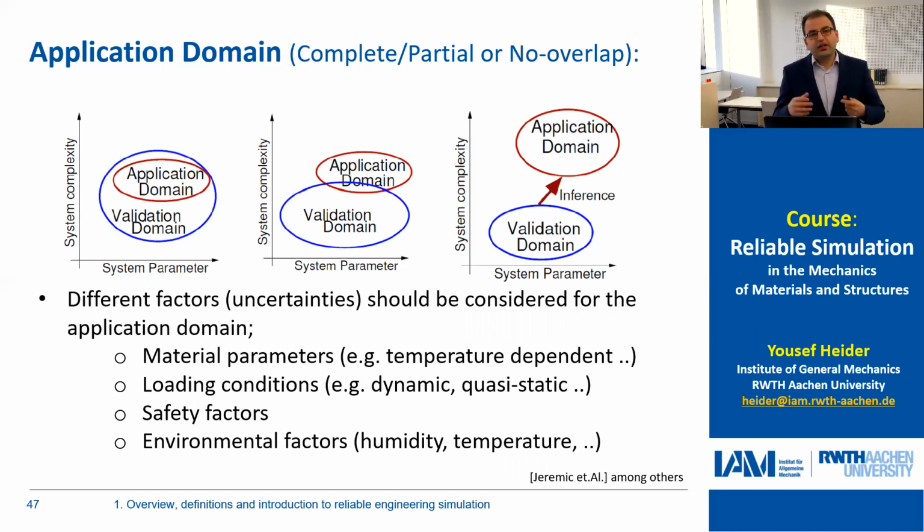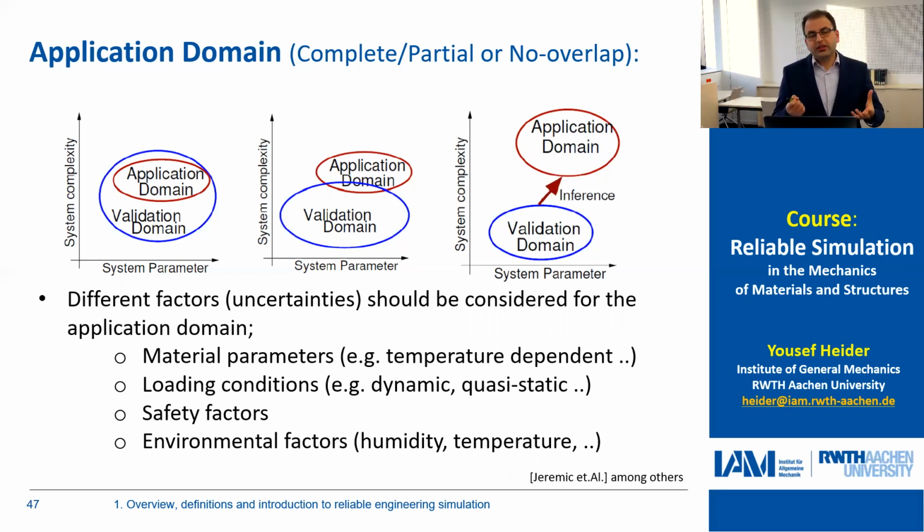So I have overlapping, but not all the scenarios are included. Or maybe I cannot apply my model at all to some real application, like my model is only designed for the quasi-static case, and the structure is subjected only to dynamics, so I have no way to apply my model.